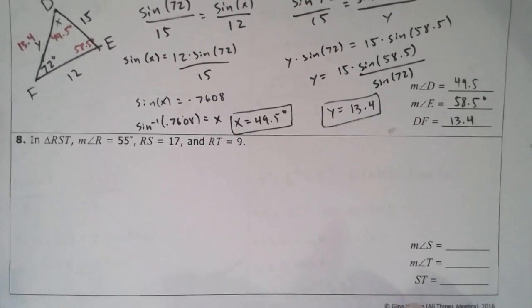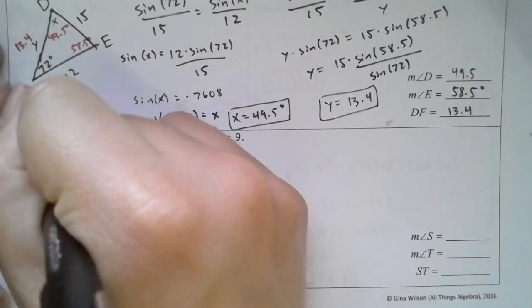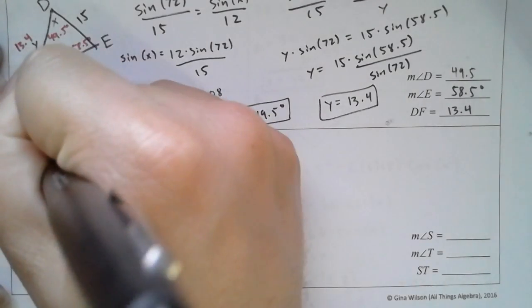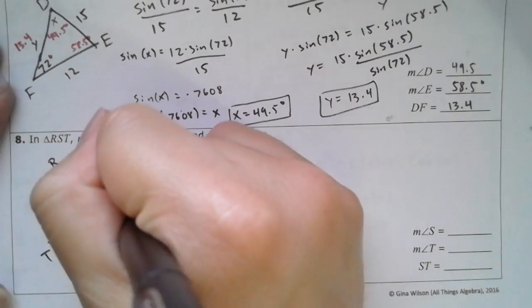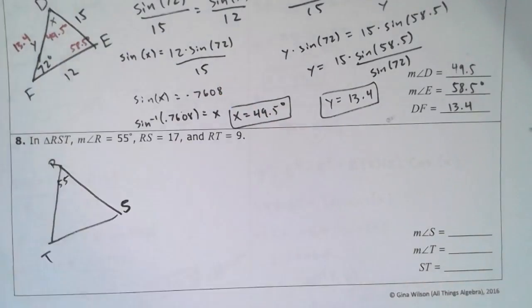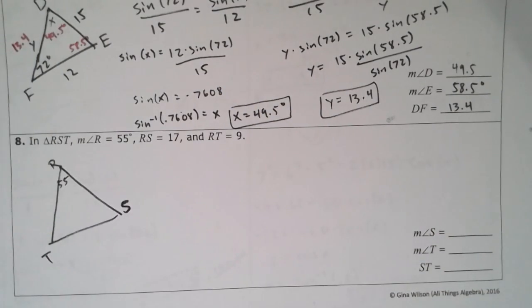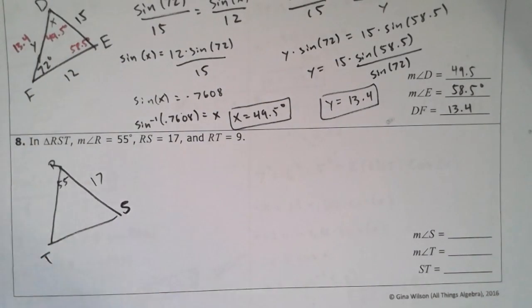I have triangle RST. Measure of angle R is 55 degrees, RS is 17, and RT is 9. Okay, so RS, this is S, RST, angle R is 55, RS is 17, and RT is 9.